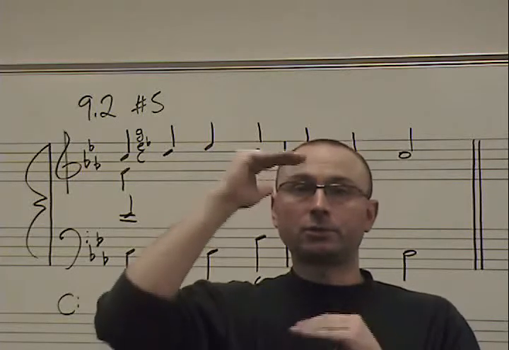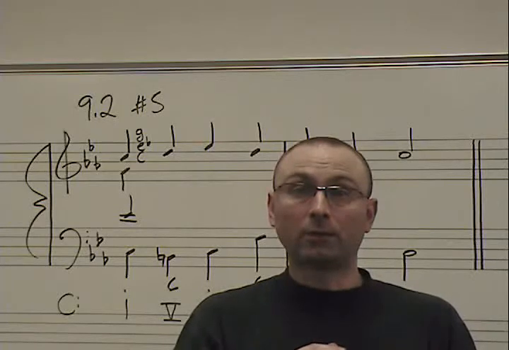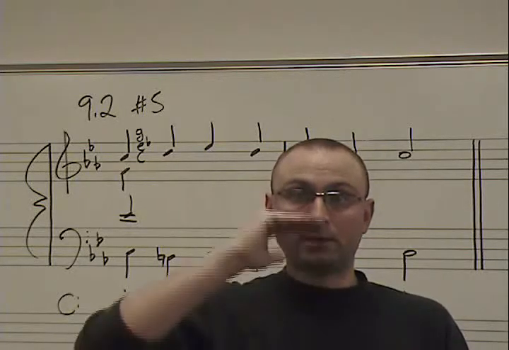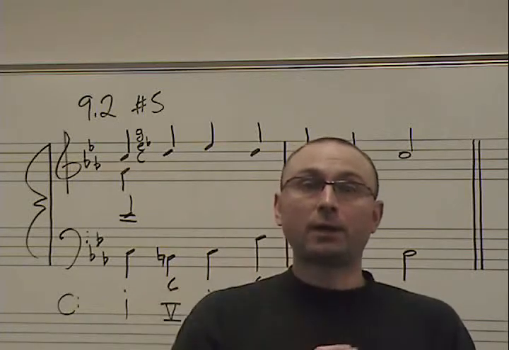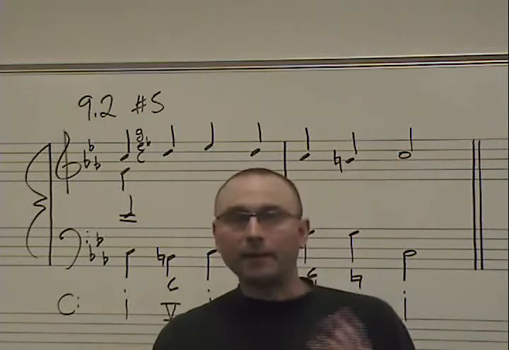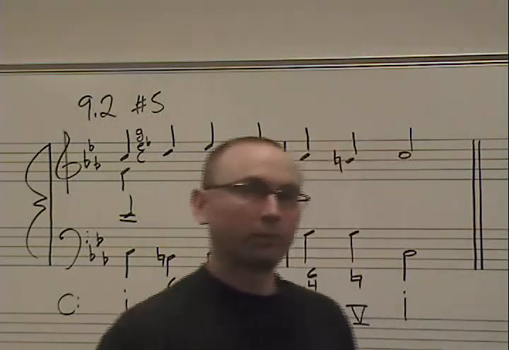All other voices should maintain within an octave. Okay? Greater than an octave between the tenor and the alto, or the alto and the soprano, is not allowed. Also refer to the chart in chapter 9 that shows you what the ranges of the given voice parts are.